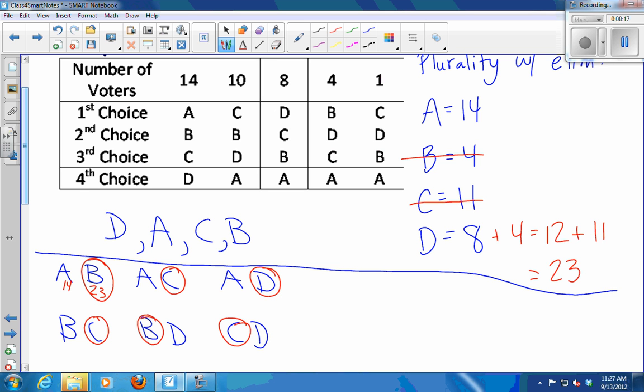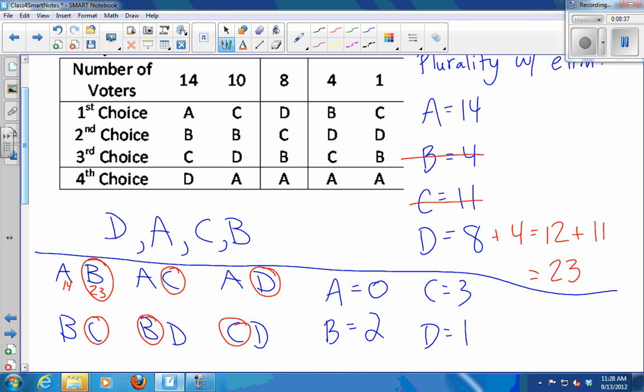Good. All right, so that means that A has a total of 0 matchup wins. B has 2. C has 3. And D has 1.